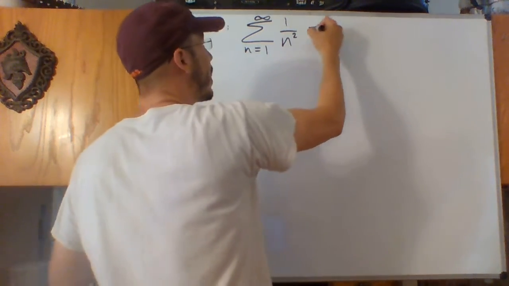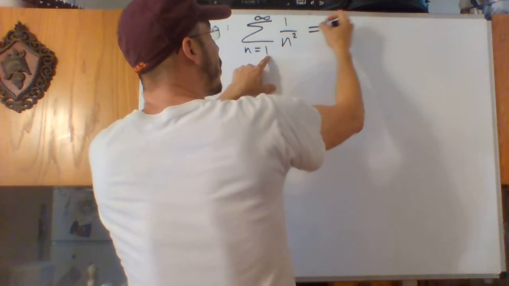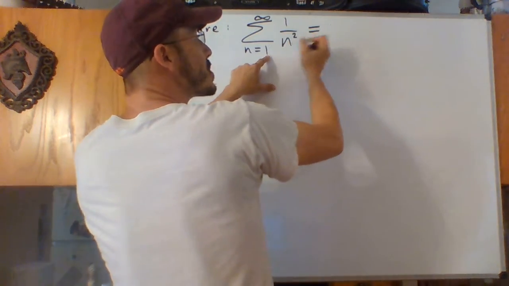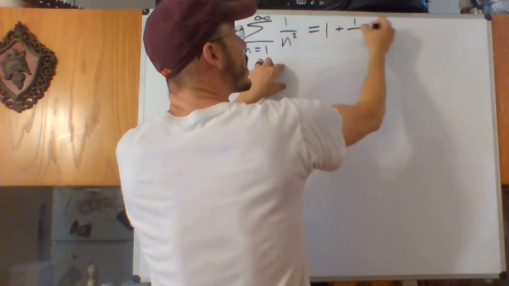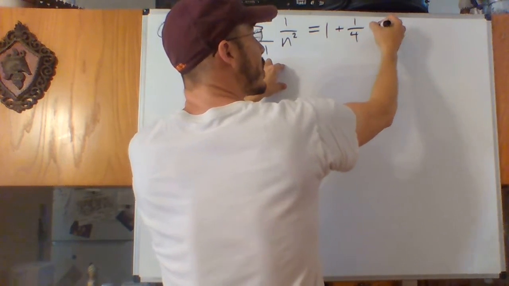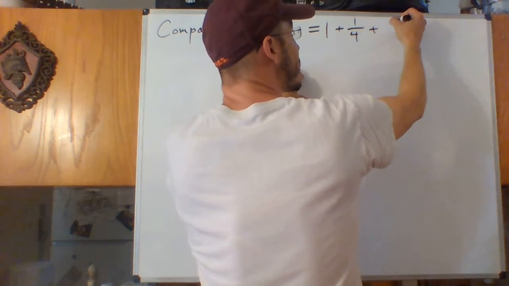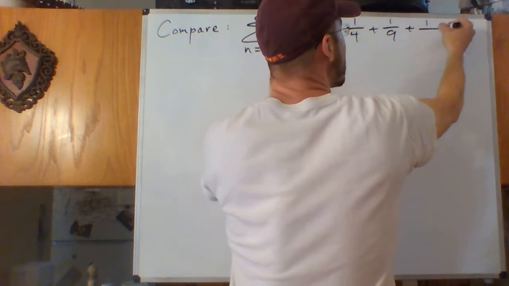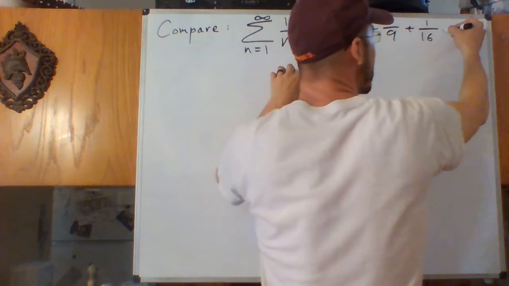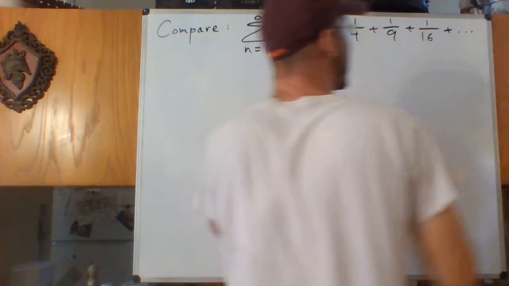which is 1 over 1 squared is 1, plus 1 over 2 squared is 1/4. 1 over 3 squared is 1/9. 1 over 4 squared is 1/16. 1/25, and so on.